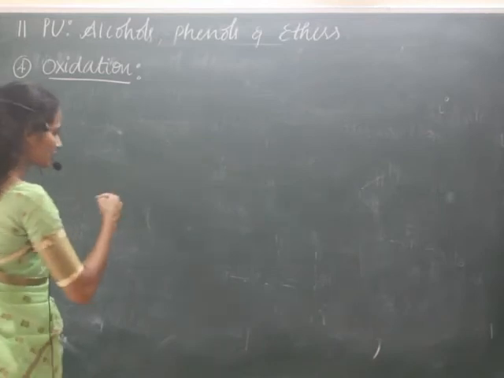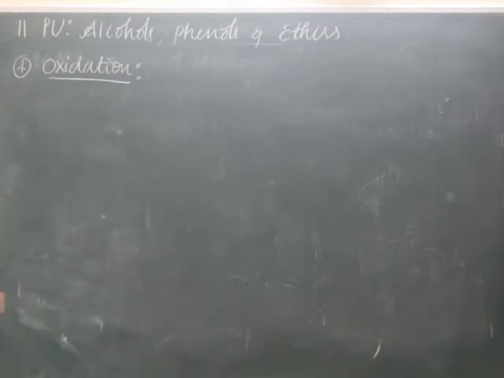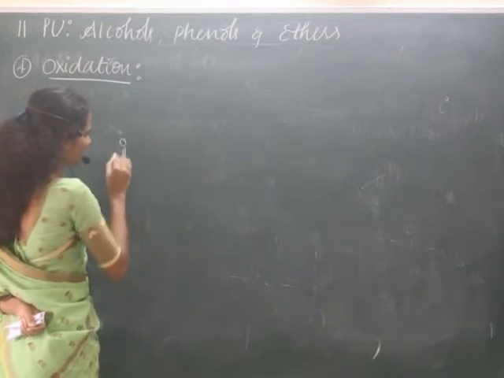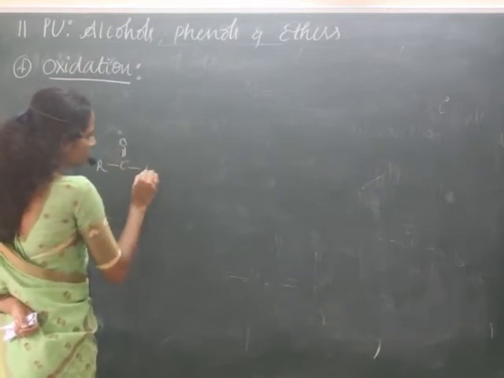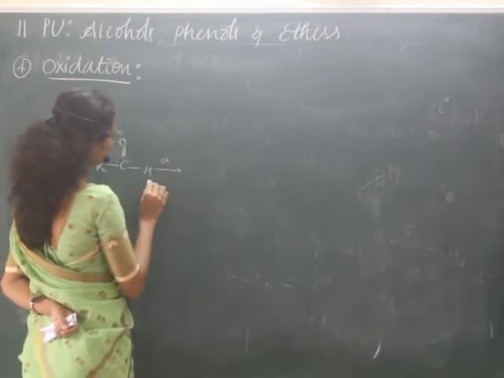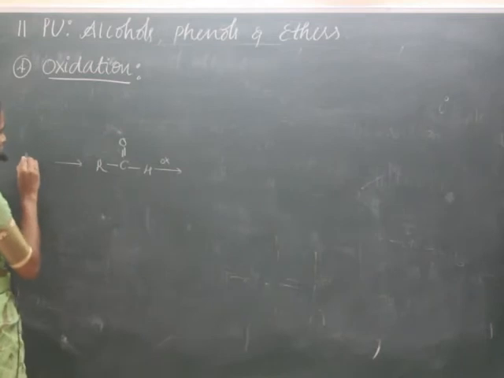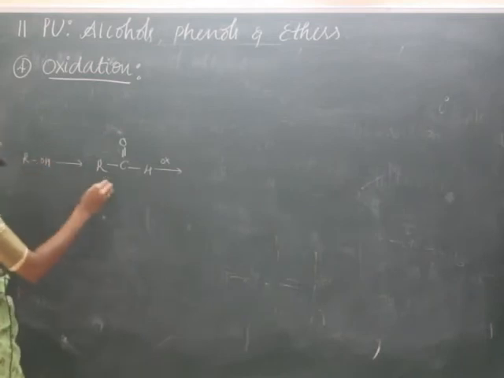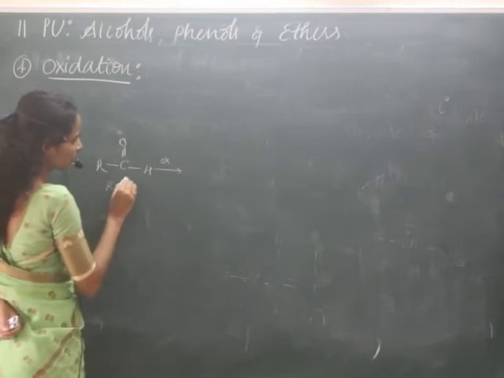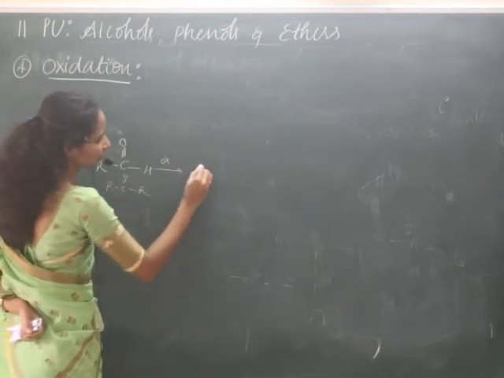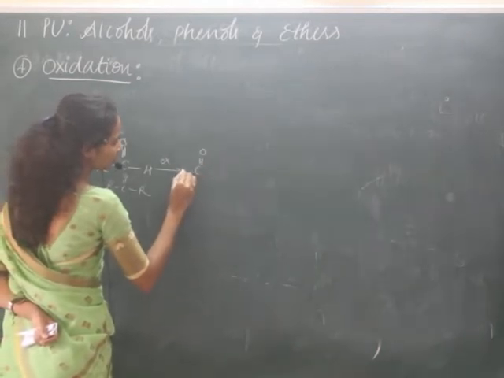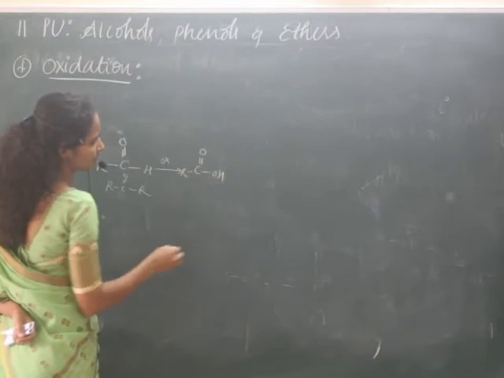So what we discussed in the previous class, the reduction reaction, right? Aldehyde on reduction, and on oxidation, I already said. On oxidation, I'll start from alcohol: on oxidation we get aldehyde or ketone, and on further oxidation we will get acids, right?